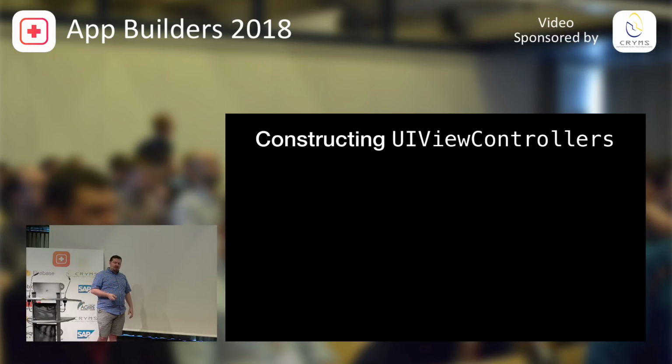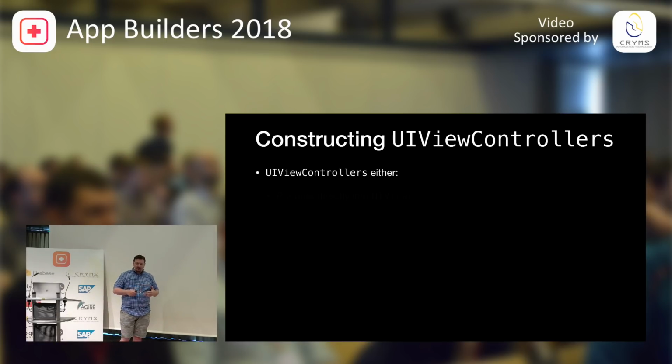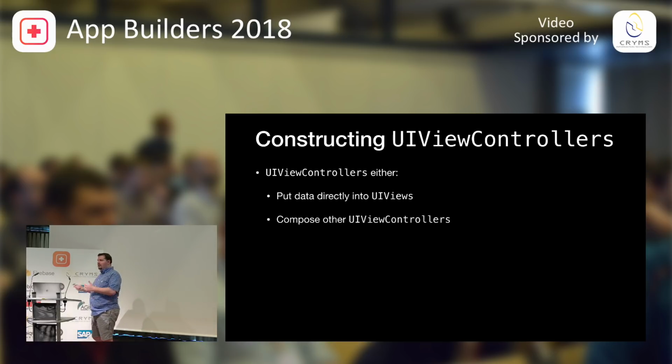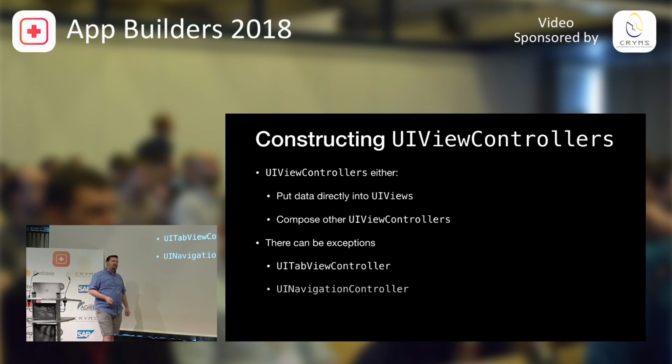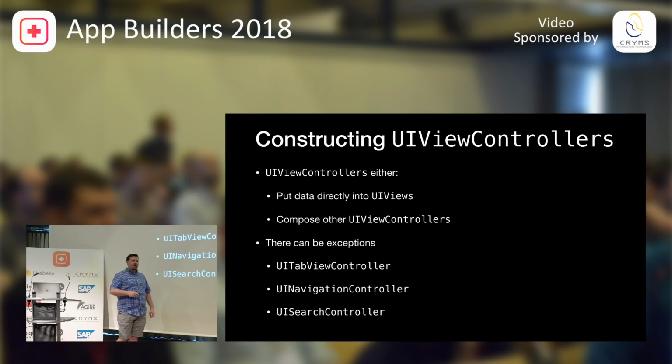When we build the UIViewControllers provided by Apple as well, they generally also follow the same pattern. So again, view controllers either put data directly into their constituent UIViews, or they compose other UIViewControllers. There are some exceptions to this. There are cases where we come across UIViewControllers that both manage children and put things into UIViews.